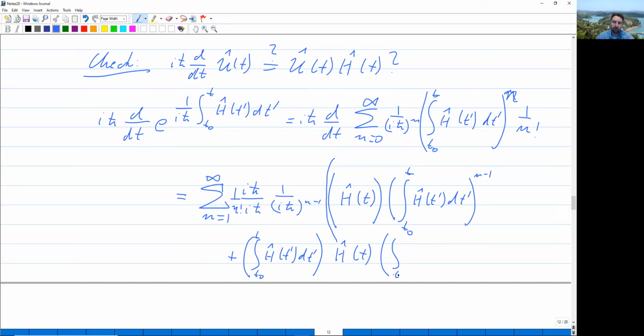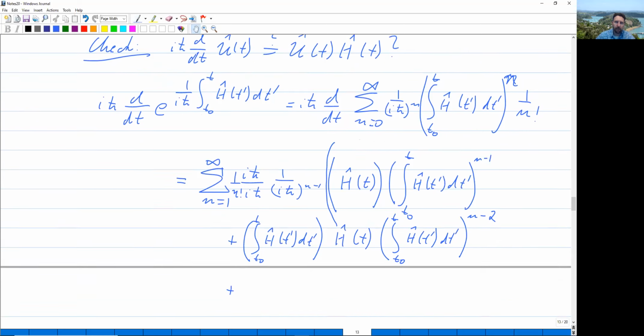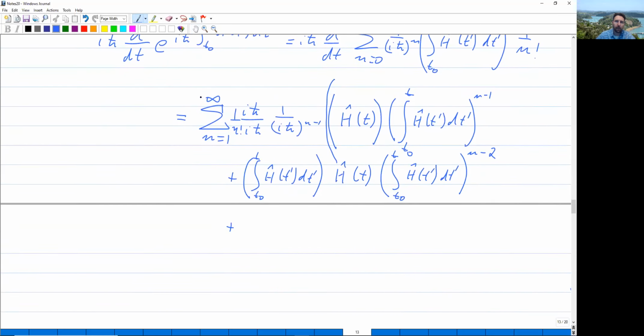So integral from t naught to t, Ĥ(t') dt' to the power of n minus 2, plus the case where we leave the first 2 factors undifferentiated, we differentiate the third factor, and then we get the remaining terms.